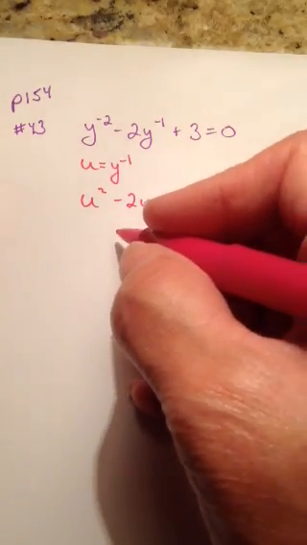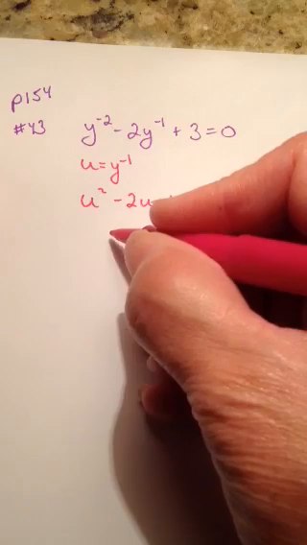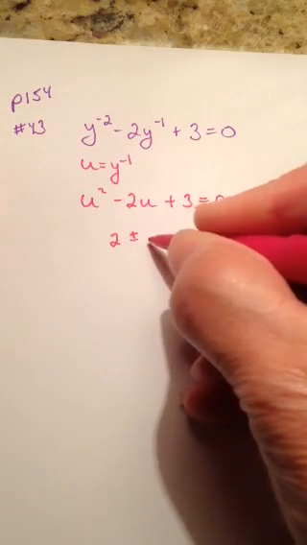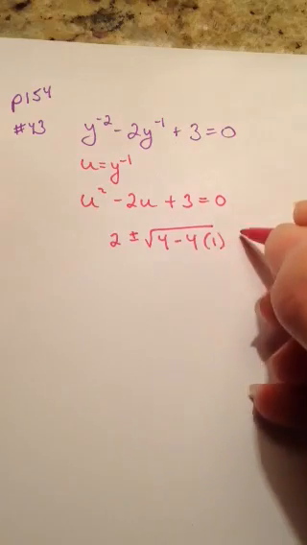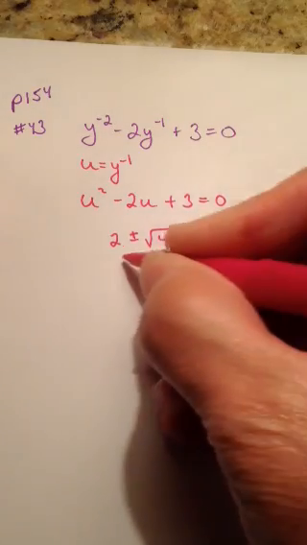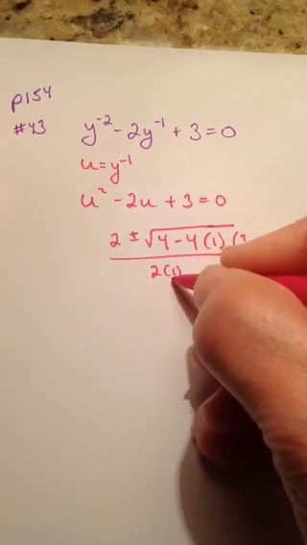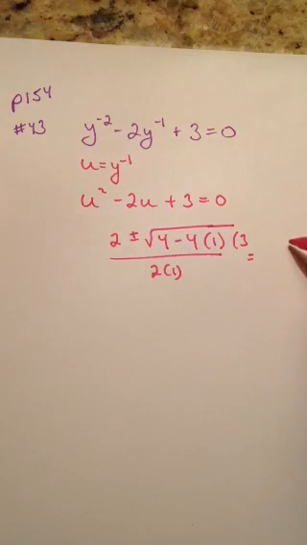So if I use the quadratic formula, I have opposite of b, so 2 plus or minus the square root of b squared minus 4ac, all over 2a. That simplifies into 2 plus or minus root negative 8 over 2.